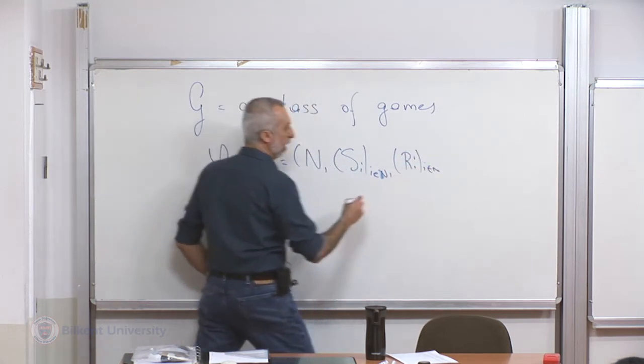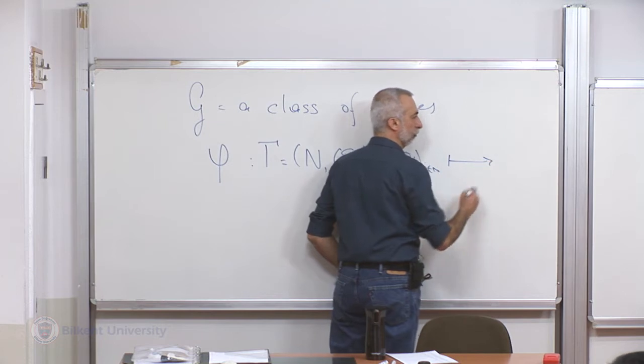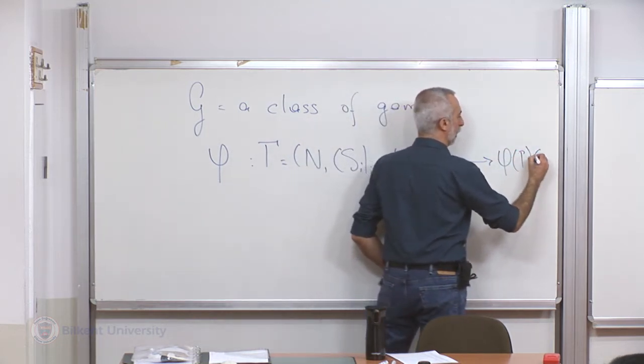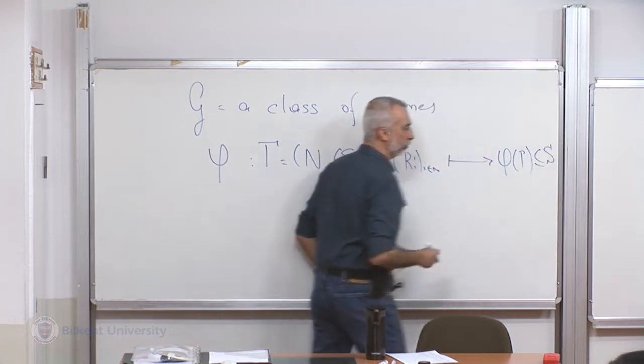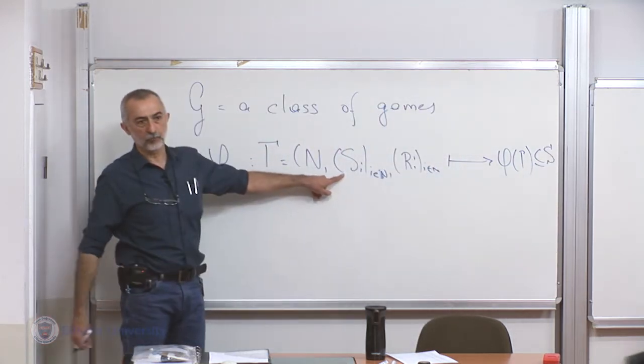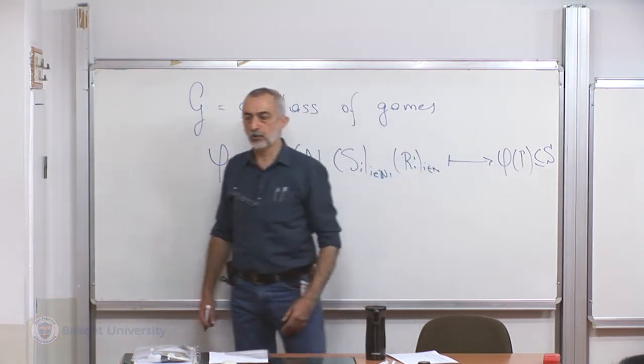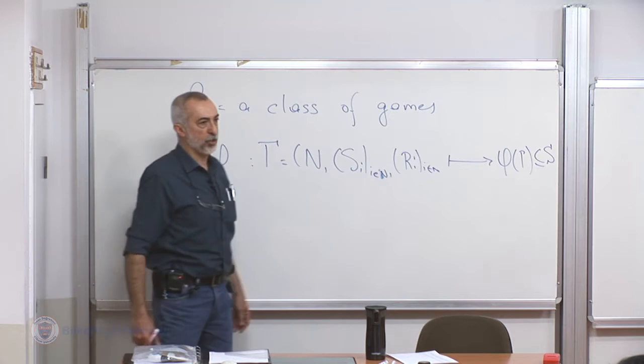It takes a game gamma and maps it to a subset of the strategy profiles of that game. Okay? So a solution concept takes a game and maps it to a set of strategy profiles.